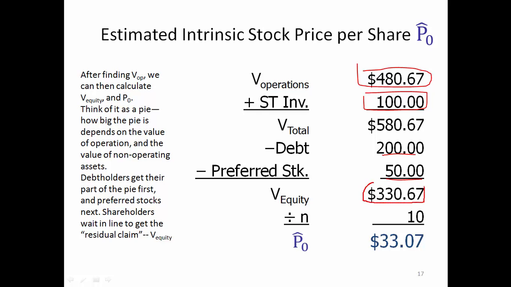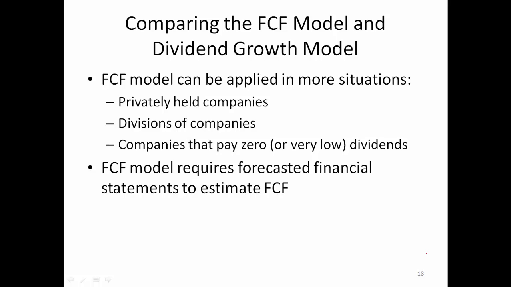So common stockholders have the so-called residual claim, which is the leftover of 330.67. That's the total amount that common stockholders would have. And that number divided by 10 million shares. Then for each share, each stock, the intrinsic stock price is 33.07.